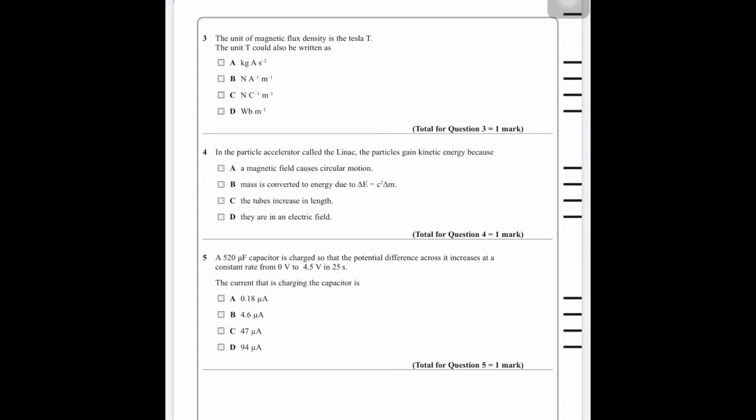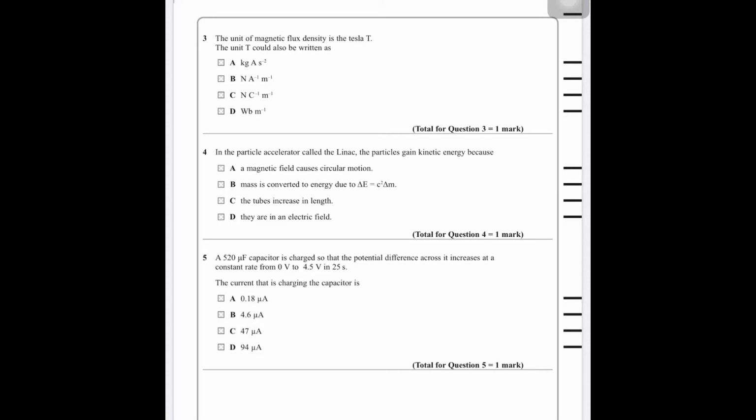Maybe if something stated that the radius of circular motion increased other than the scenario of LINAC, then this may have been the answer, that the gain in kinetic energy leads to the circular motion or increase in radius. B, mass is converted into energy due to E equals mc square. Not B, since this equation is not related to the kinetic energy equation, which is half mv square.